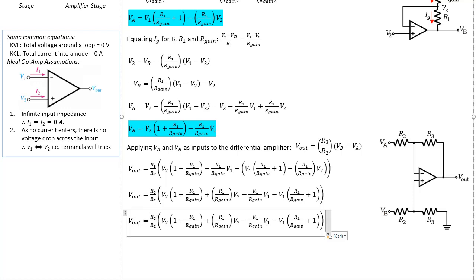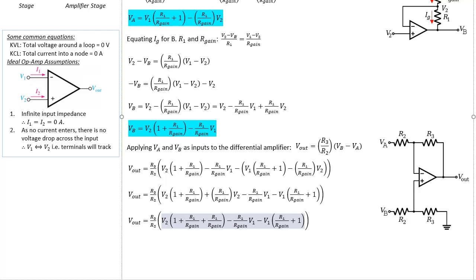So what do we get? You're going to get V2 times 1 plus R1 over R gain plus R1 over R gain. Once we factor out V2, it's going to be this term plus that, so then that term disappears. Now on the V1 side, let's say I put V1 on the outside here.